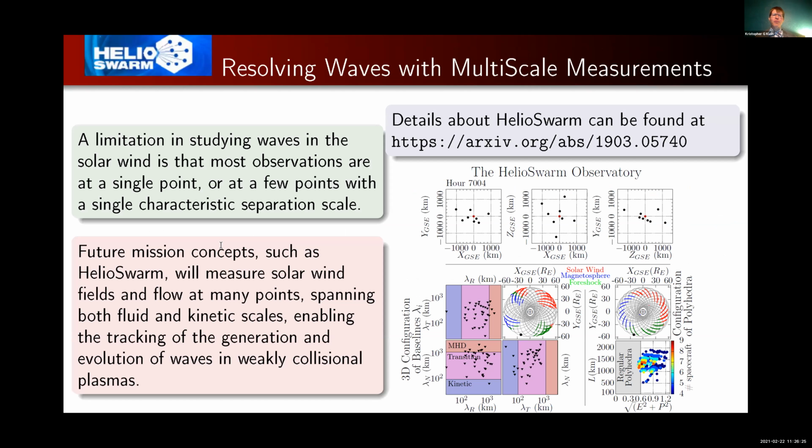Now, just to wrap things up, all of these measurements I've been talking about thus far have been made at a single point in space, which means that we haven't actually been able to track how the wave is growing as a function of time.